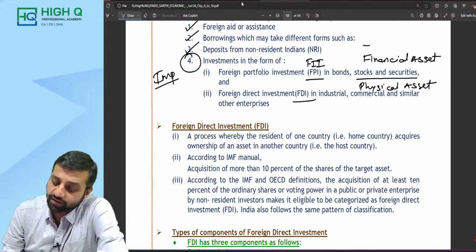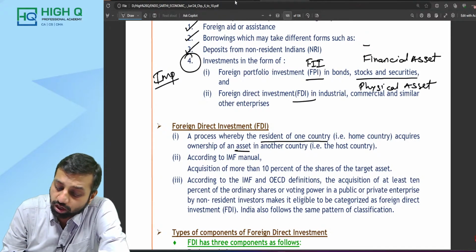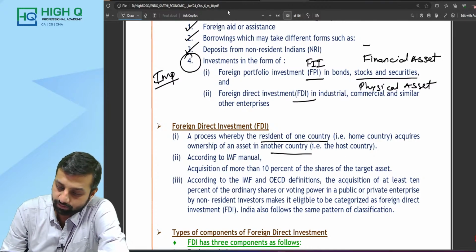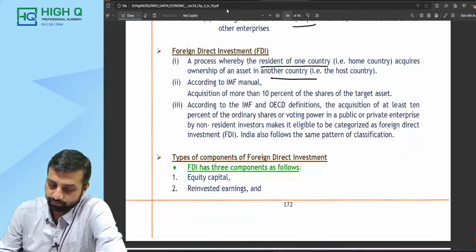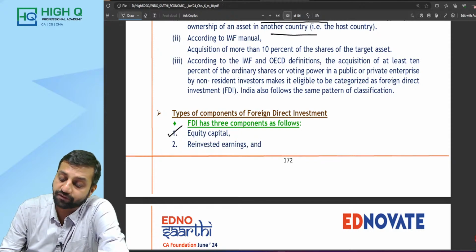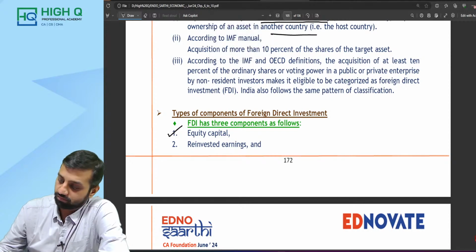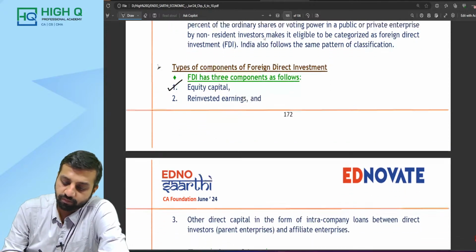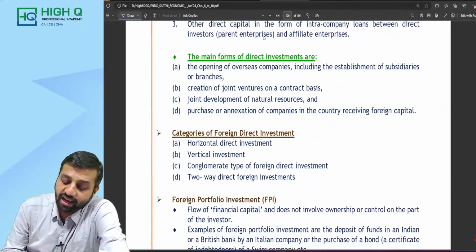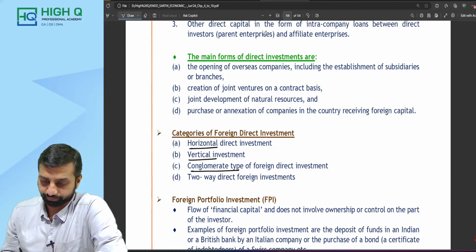Foreign direct investment is a process by which a resident of one country acquires ownership or assets in the host country. Now FDI can be through equity capital if it is more than 10%. FDI can be horizontal, vertical or conglomerate.